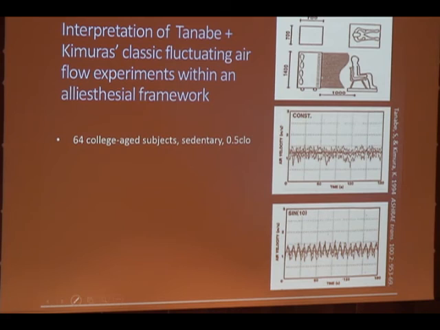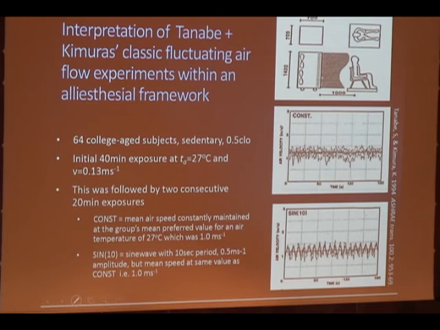A large sample of human subjects, 64, 0.5 clo, 40 minutes exposure at 27 degrees Celsius, and then a variety of exposures with different patterns of air movement. I'm just going to look at two of them at the moment. The constant air movement with a constant airspeed of about 1 meter per second, and a sine wave with a period of 10 seconds, again with the mean speed of 1.0 meters per second.